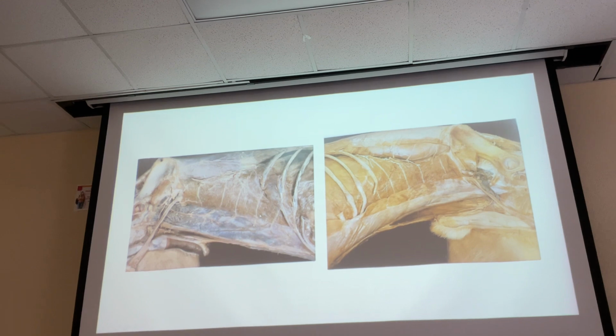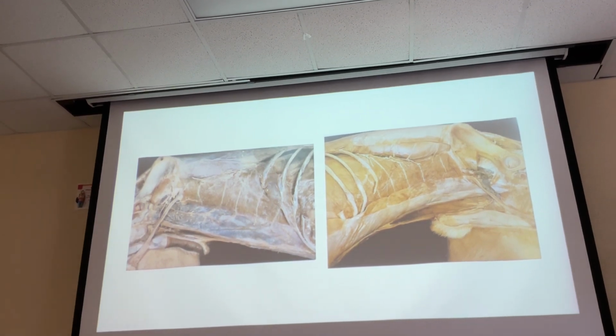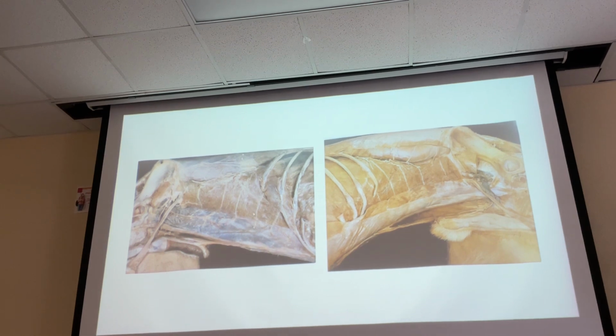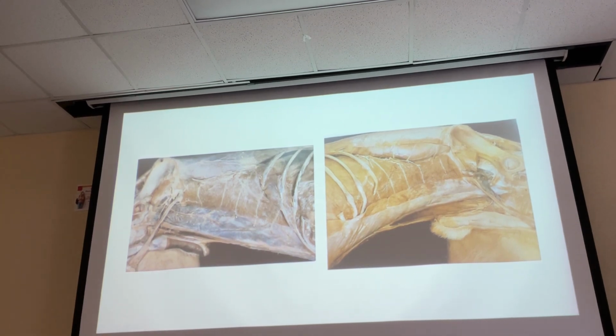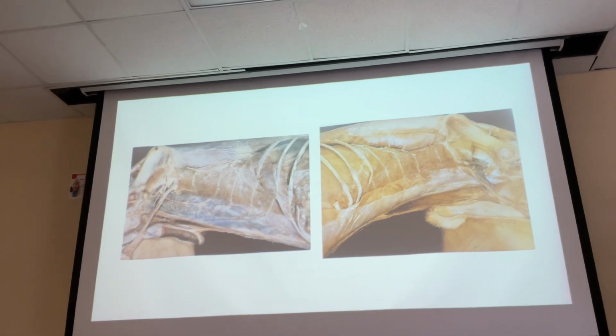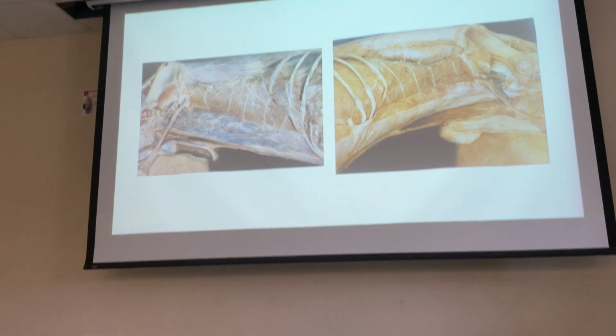Again, this is the last rib. This is T13, because the last rib is rib number 13, right? This one is the cranial iliohypogastric. This one is the caudal iliohypogastric. This one here is the ilioinguinal.